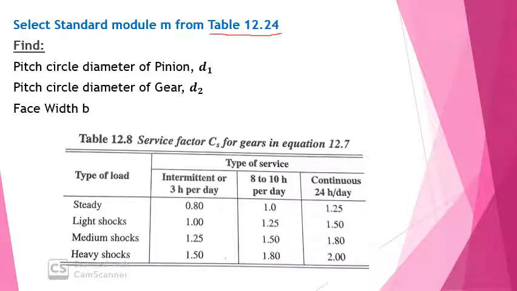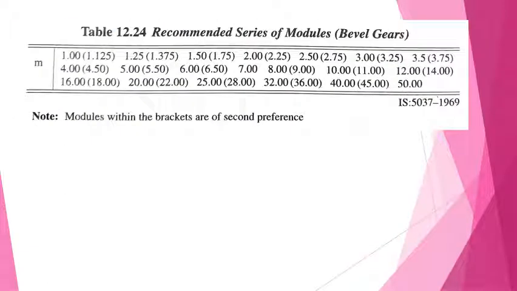This is the table for the service factor Cs depending upon the service conditions, and we can take the value of the service factor. This is table 12.24, which can be used to select the standard value of the module for the bevel gear. Here, modules within the brackets are of second preference.